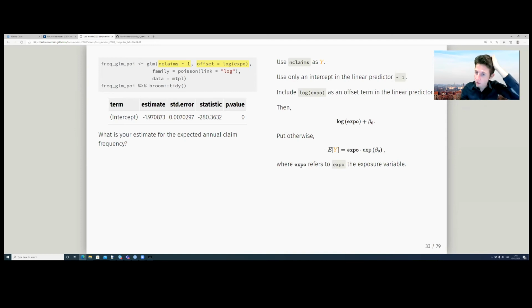So what we're doing now is coming up with the specification as I want it to be, and we explicitly account for the exposure in my structure for the mean. Okay, and if you now look at the resulting estimate, it's going to be minus 1.97. That's the estimate for the beta 0. If I take the exponential of that, then you'll see that you reach the expected annual claim frequency of about 14% as it was calculated earlier on. Yeah, so this does the job.